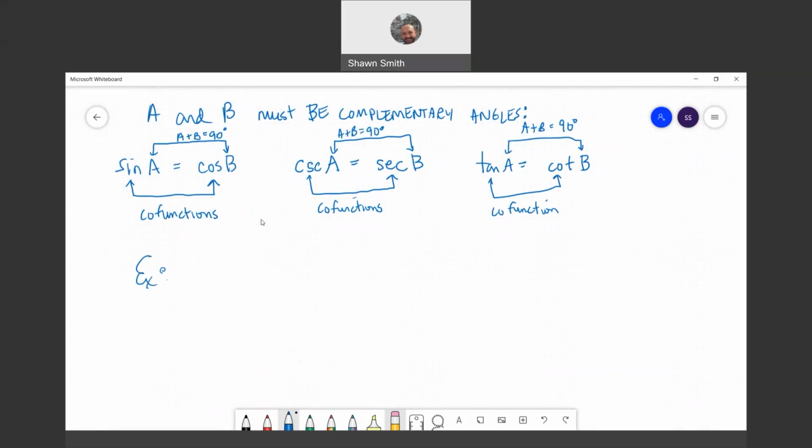All right, so in terms of its cofunction, fill in the blank.